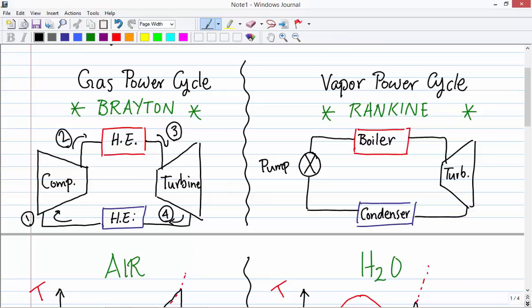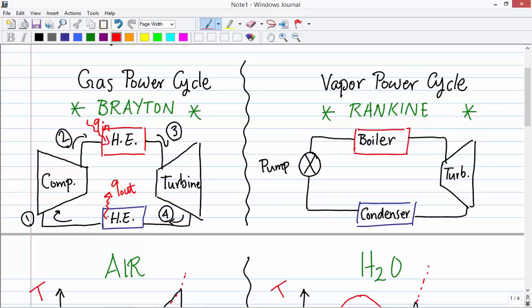These two cycles are just the simple types. We can have different types that are more complicated, but I'm not going to talk about those here. In the hot heat exchanger, we add heat, so Q in, and in the cold one, we reject the heat, so Q out.